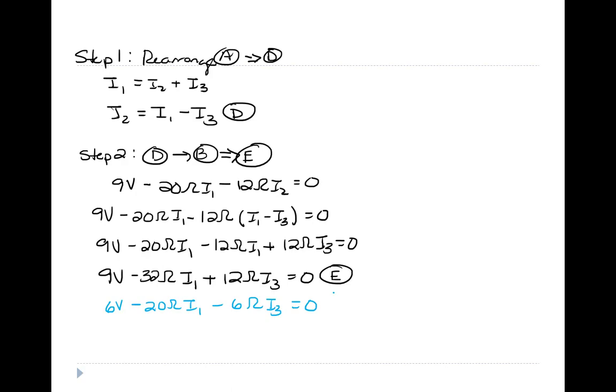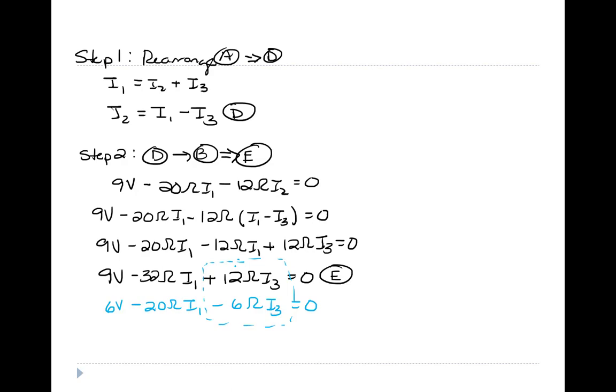And I'm going to look at those two, and the thing that I am focusing on is this term. Look at that. Plus 12 ohms I3, minus 6 ohms I3. I can do something with that. But it would be much more helpful if that 6 were a 12.